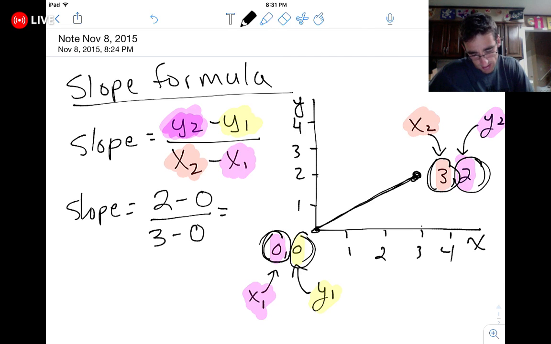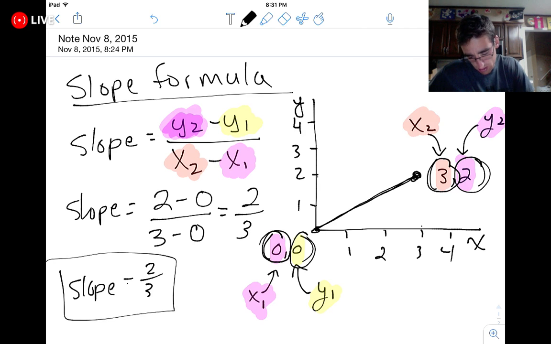So 2 minus 0 is 2, 3 minus 0 is 3, so my slope is 2/3. There's a super simple example of how to use this slope formula.